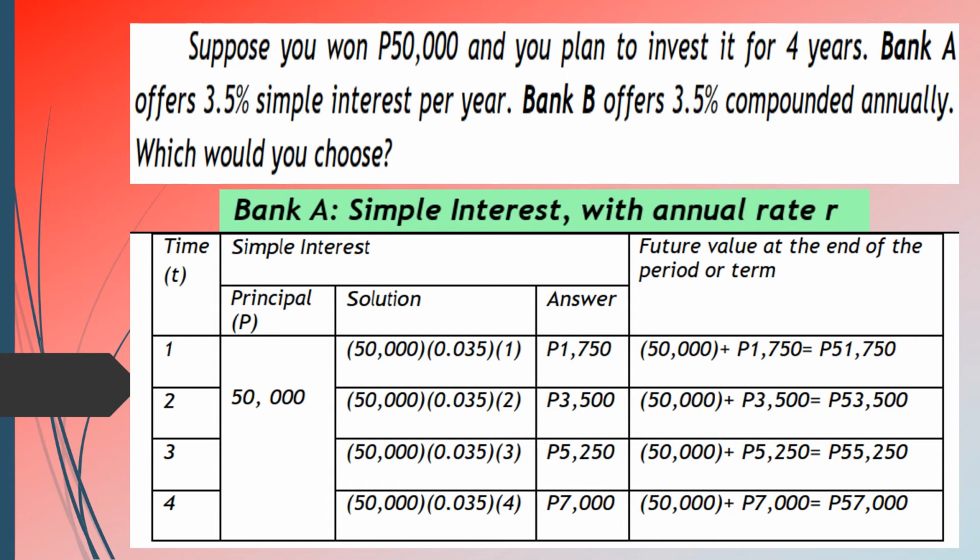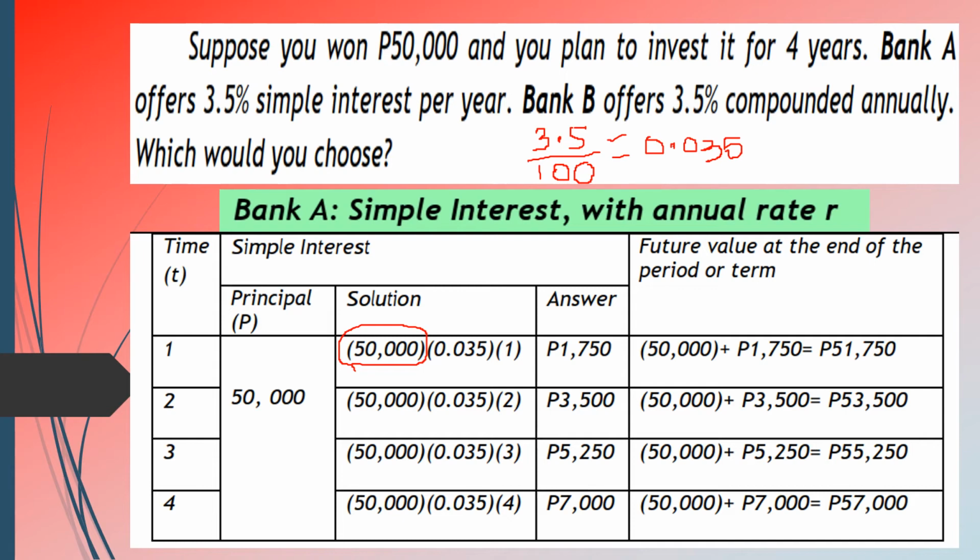Which would you choose? Bank A, simple interest with annual rate R, starting from year 1 to year 4: the principal amount of 50,000 pesos must be multiplied by 3.5% interest per year and then multiplied by 1, which stands for the time. 3.5 is converted to 0.035, that means 3.5 divided by 100.